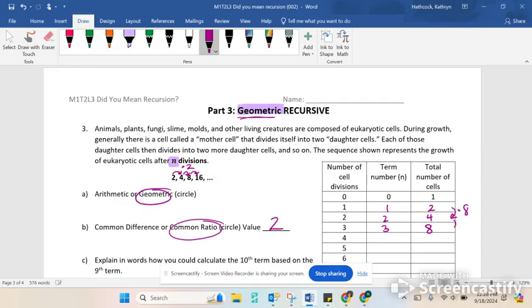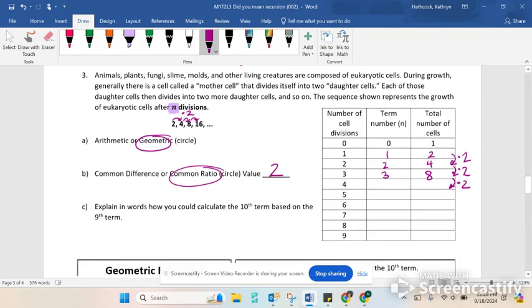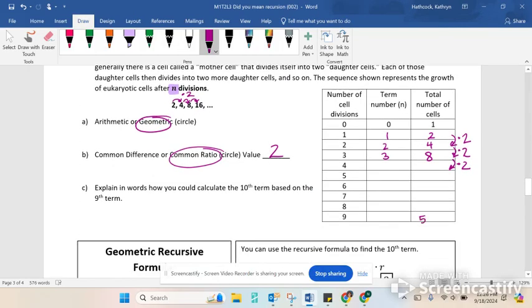So pause your video so that you can multiply these by 2 for a second. Oh, not 8, 2. Multiply by 2. And finish filling out that table. Now, you'll get 512 as your 9th term. So how do we figure out our 10th term based on the 9th term? And you know what to do.